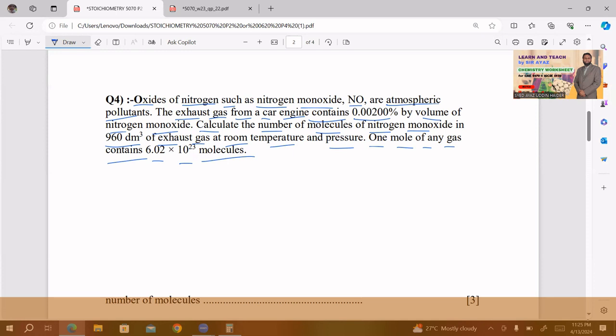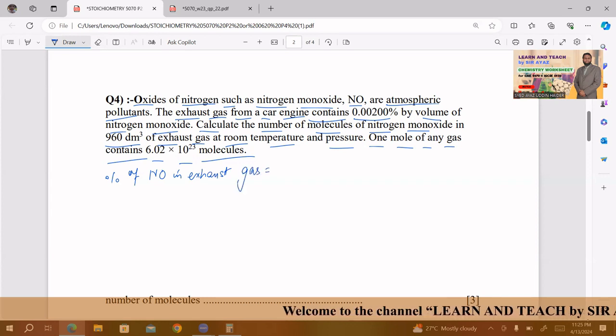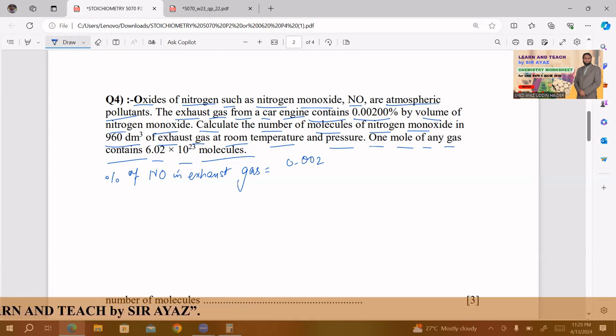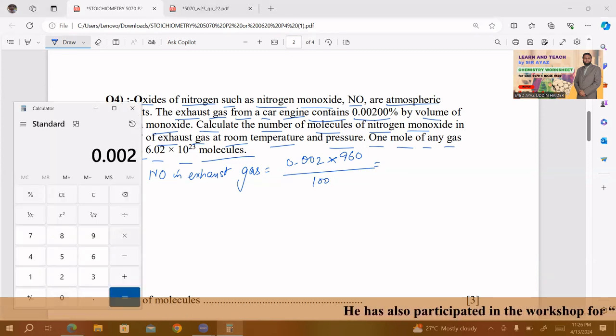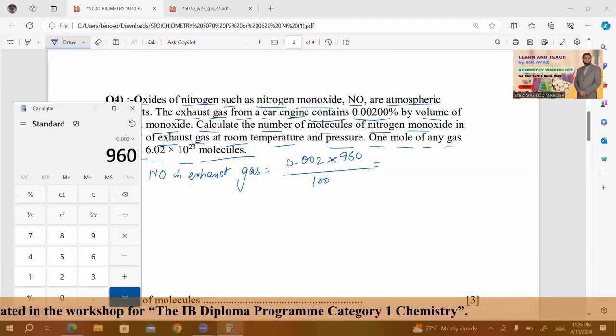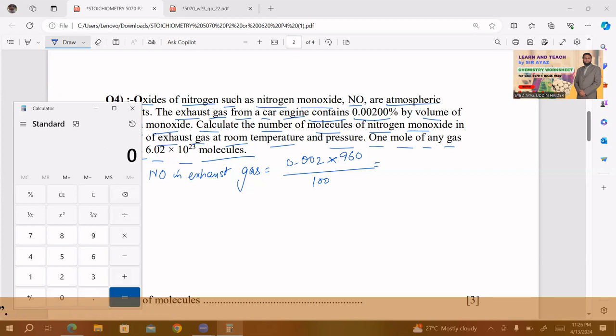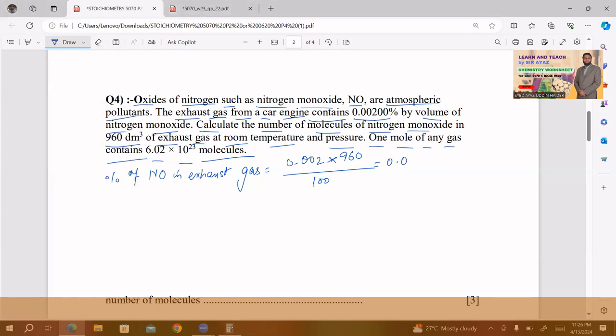So I will write the volume of NO in exhaust gas is equal to 0.002 multiplied by 960 divided by 100, which is 0.0192 dm³.